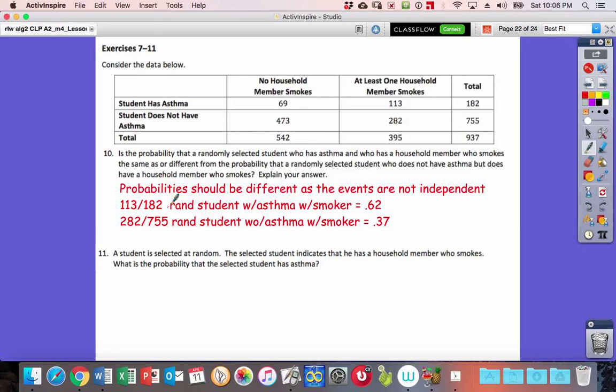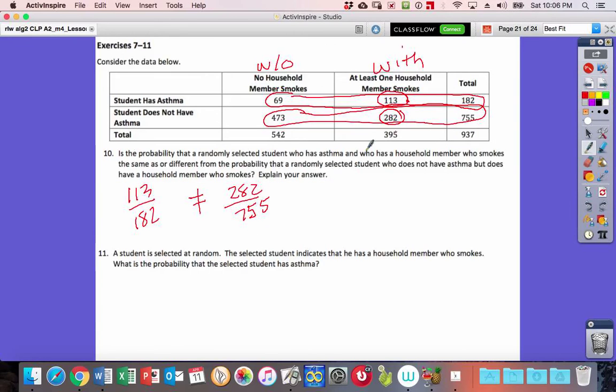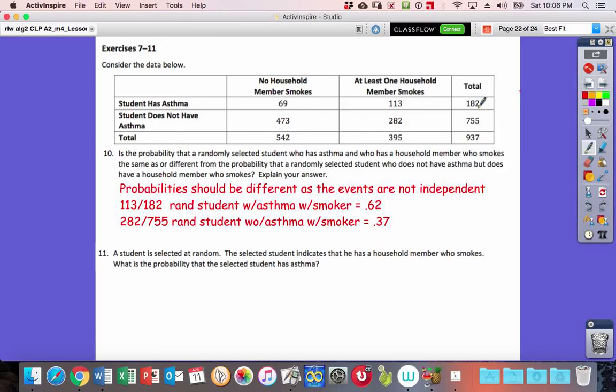And look at it. 113 out of 182. That was the top one. And then this one was 282 out of 755. I think I messed that up. Let's go back and look. 113 out of 182, 282 out of 755. Hey, I got it right. Okay. And they are very different. They are not independent. And that's how I can use my conditional probabilities to determine if something is independent.